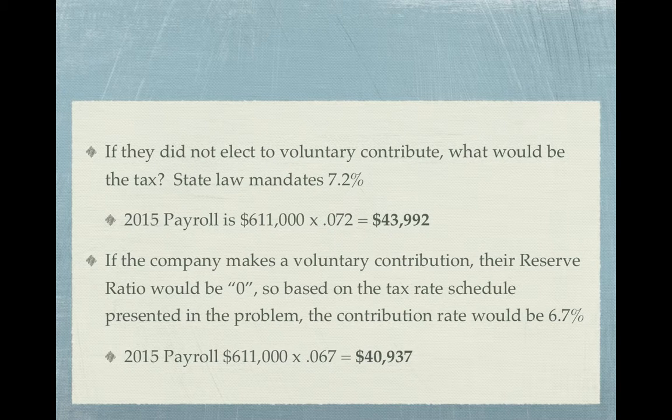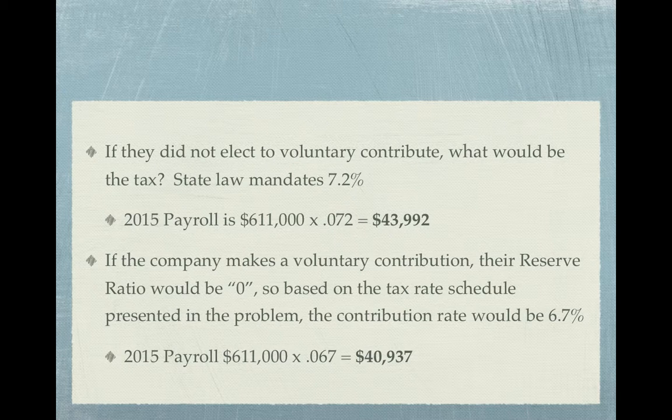It also tells you that their payroll is $611,000. So if they did not make a voluntary contribution to bring that count up to 0, they would pay $43,992 the next year.